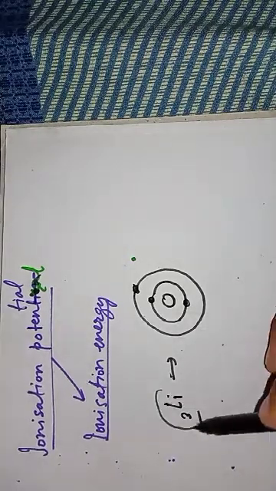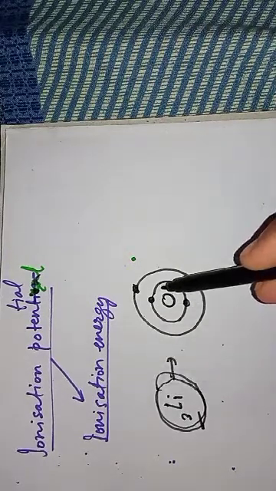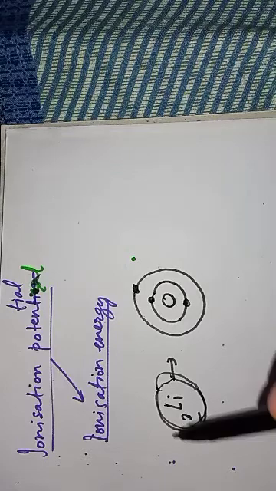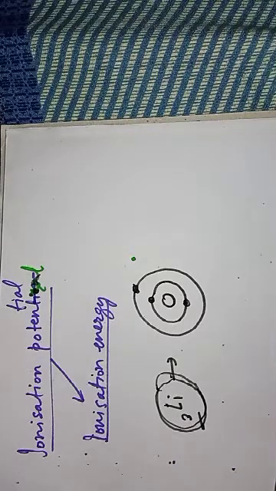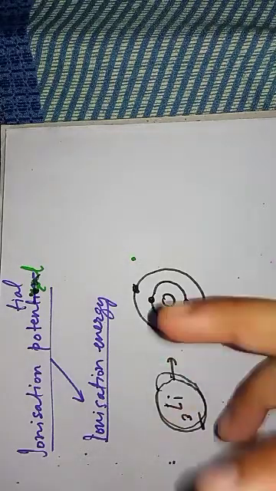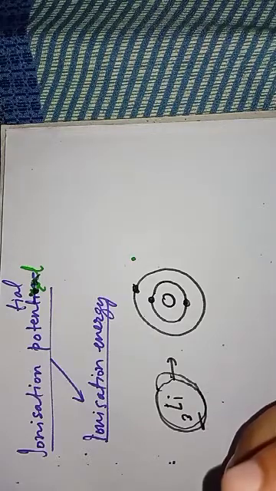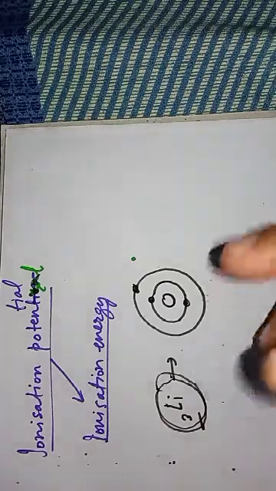So to attain the stable electronic configuration, that is the duplet in this case, I told you in the past classes that atoms of elements always want to acquire a stable electronic configuration that is similar to the nearest noble gas.